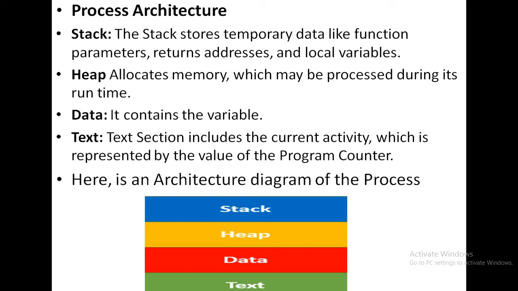Data contains the variables. Text includes the current activity, which is represented by the value of the program counter. That means it also includes the current activities of a process. So these are the different parts of the process.